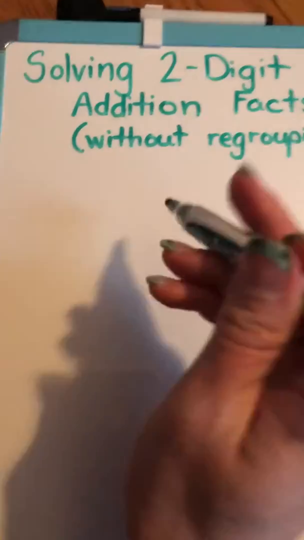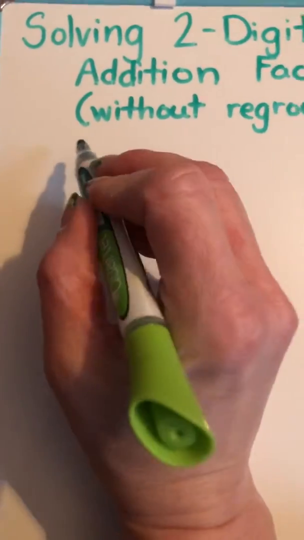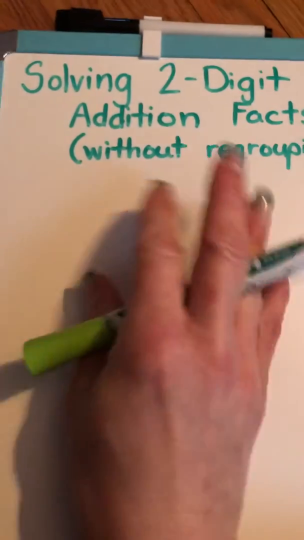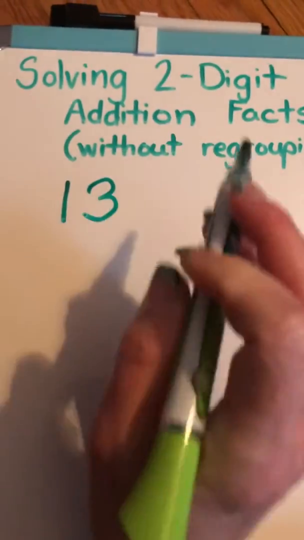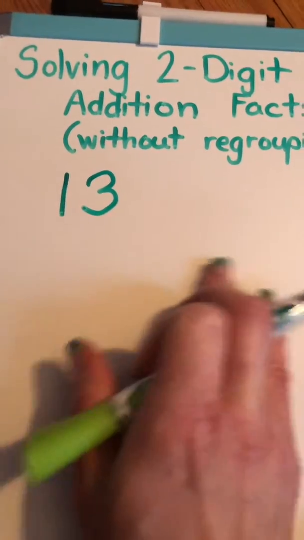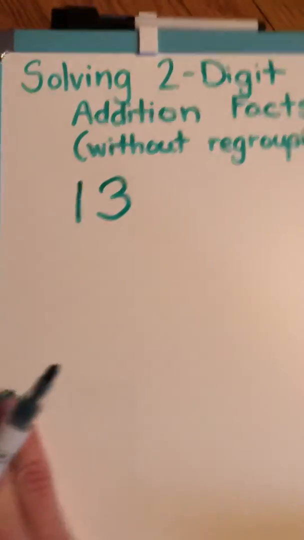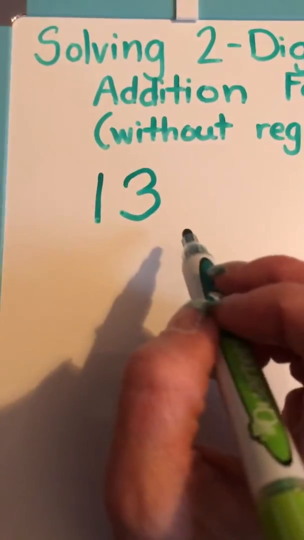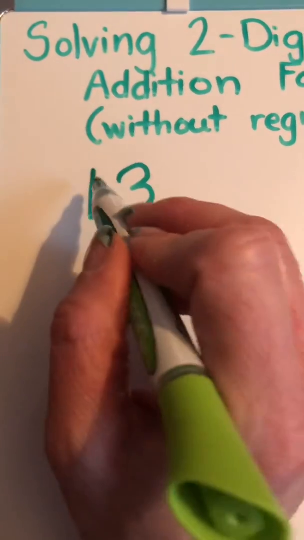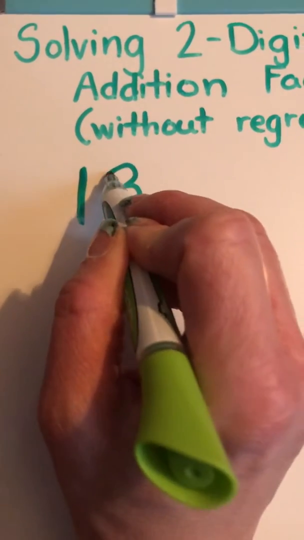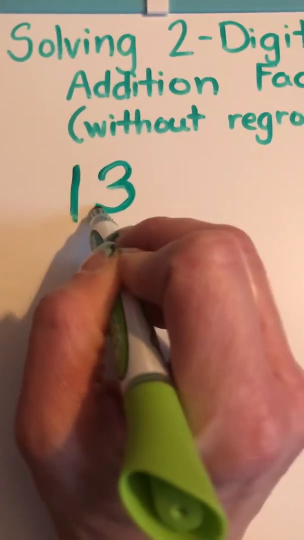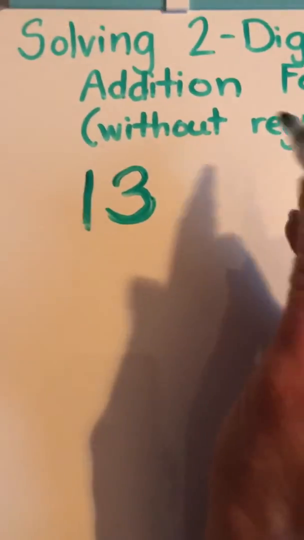A two-digit number is a number that has two digits, such as 1 and 3. It's a teen number. What is this teen number called? 13. Good. We call it 13. In this number, we have a digit here, which is a 1, and we have the digit 3, which makes up the number 13.